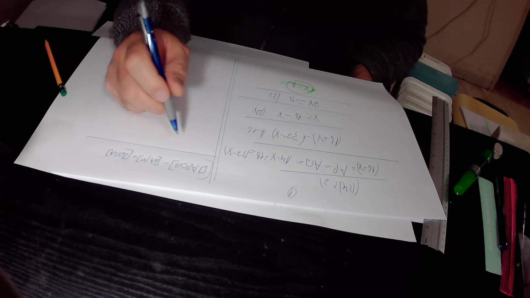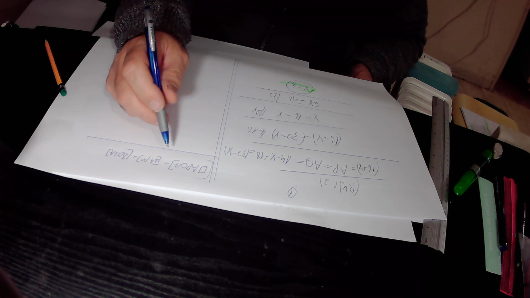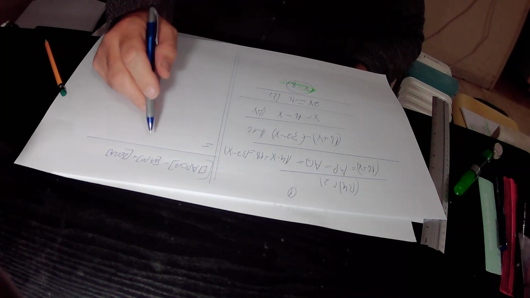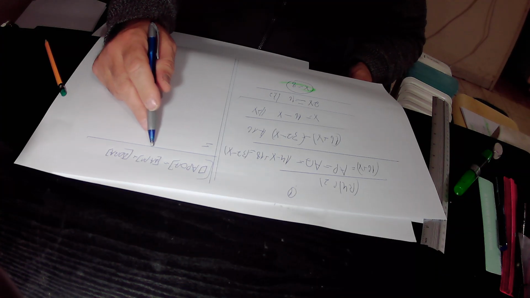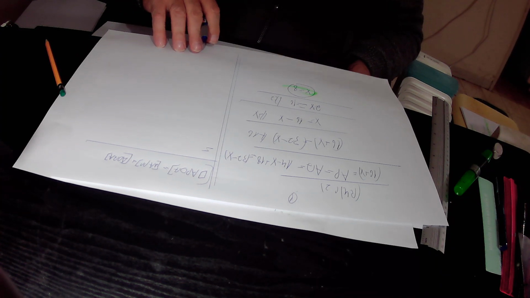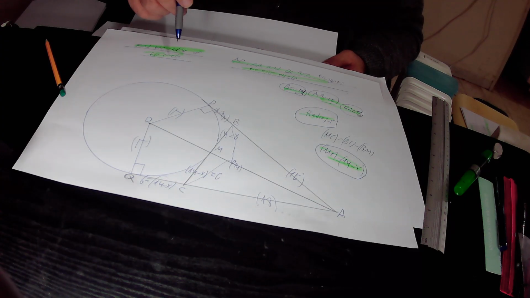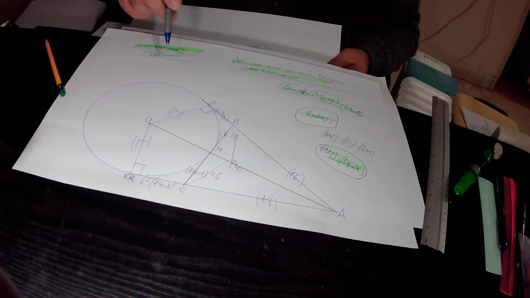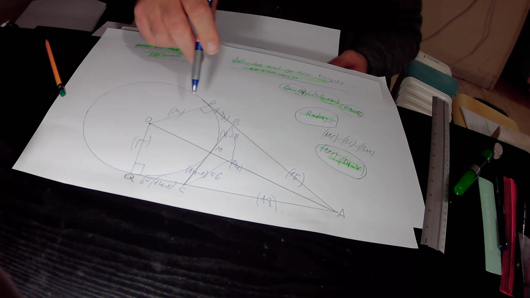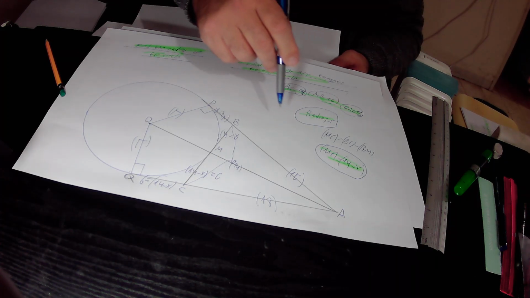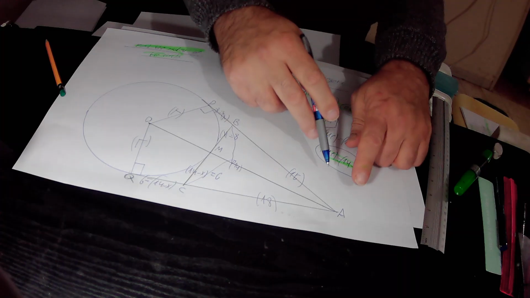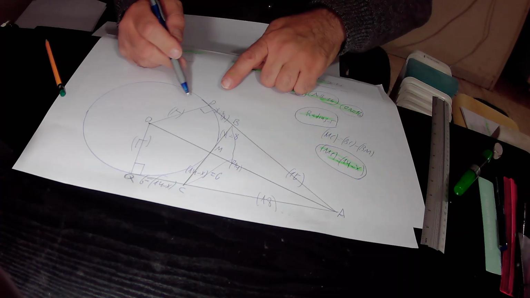What is the area of this upper right triangle APO? The area of this upper right triangle APO must be equal to the base AP times the height PO over 2.